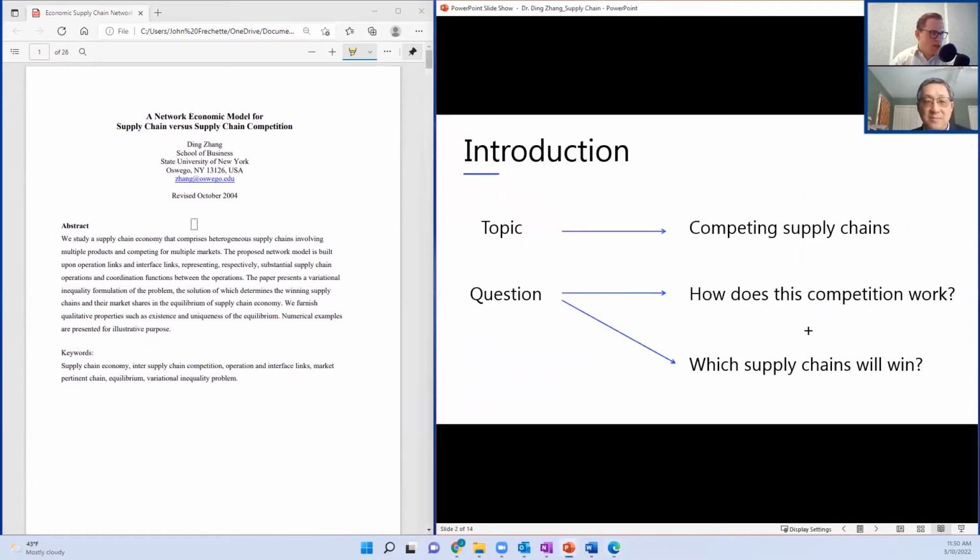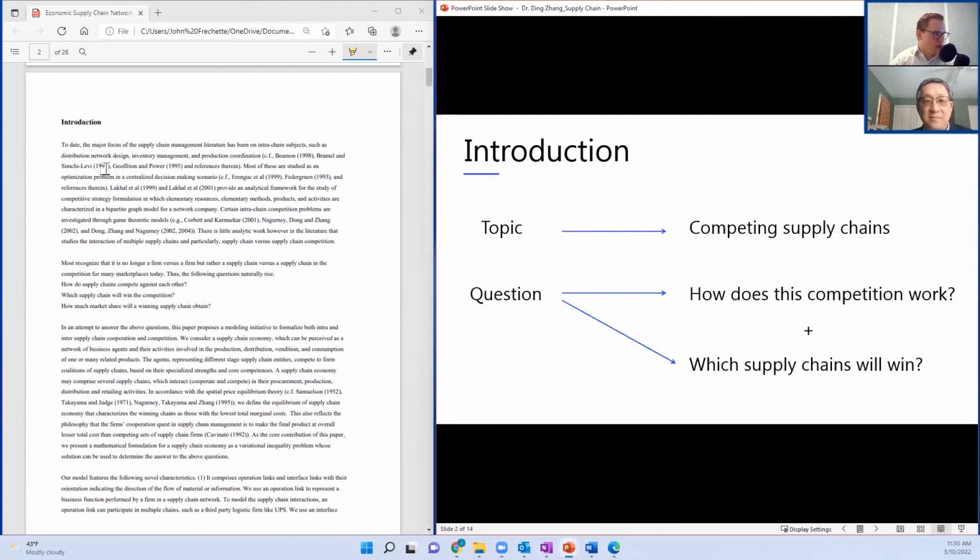Starting with the introduction, I'll scroll down here. Generally, the introductions will start with contribution to the literature, and I'll let Dr. Zhang comment on this after and clarify anywhere it's needed. The contribution to the literature that Dr. Zhang was fleshing out relates to the fact that there's been significant coverage on intra-chain topics, that is, how one sequence of a supply chain interacts with another through a product's manufacturing life cycle.